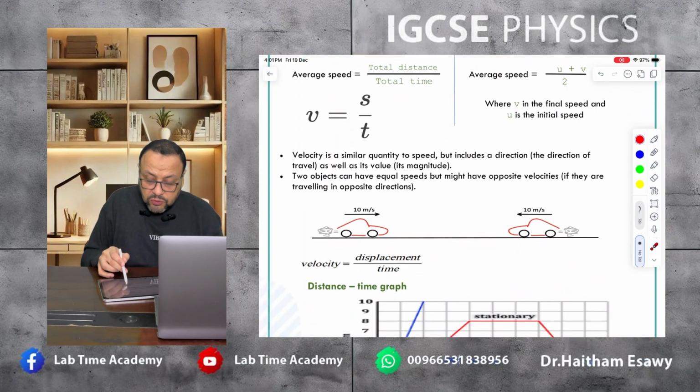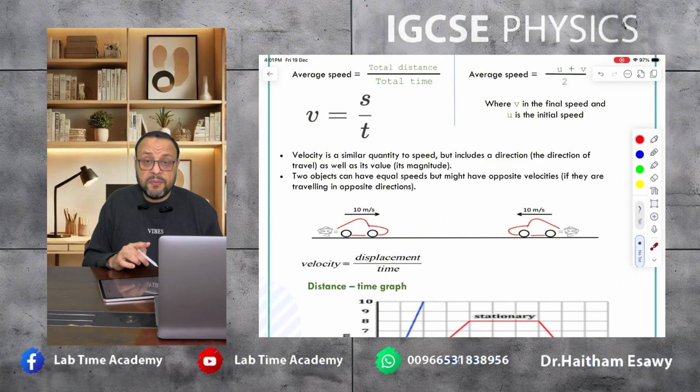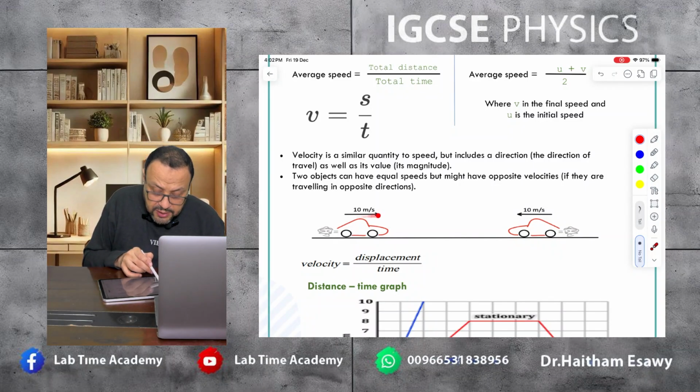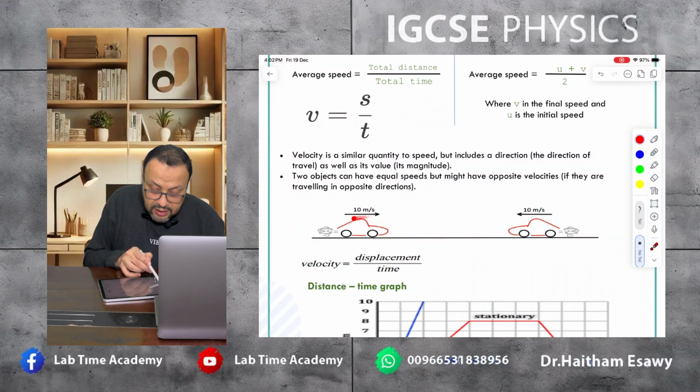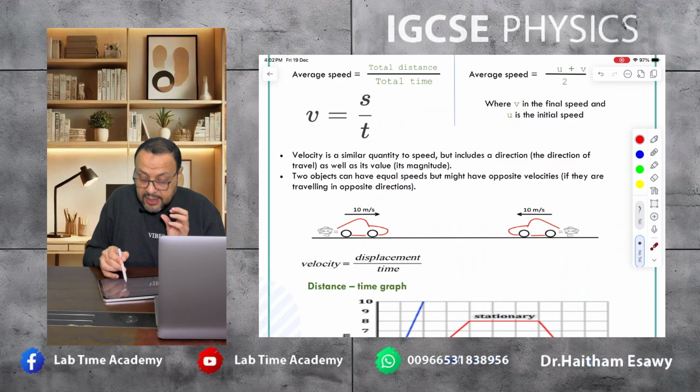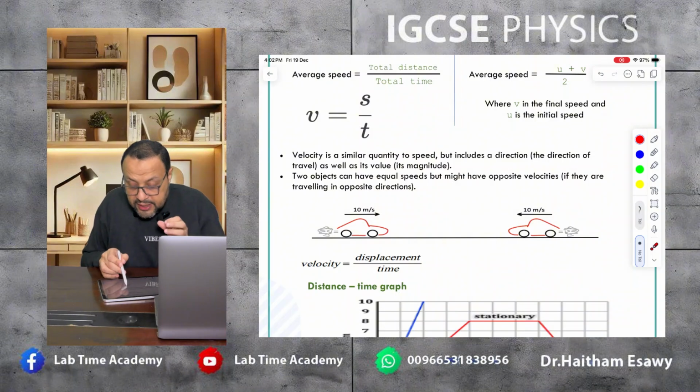Okay, you have two cars. The speed of each one of them is 10 meters per second. So the speed of this car is 10 meters per second, and the speed of this car is 10 meters per second. This car moves to the right and this will be its speed, and this car moves to the left and this will be its speed.